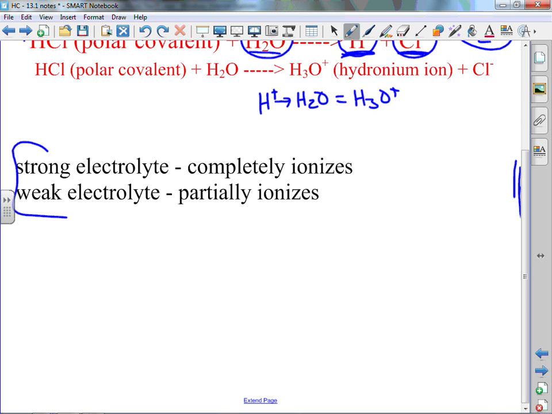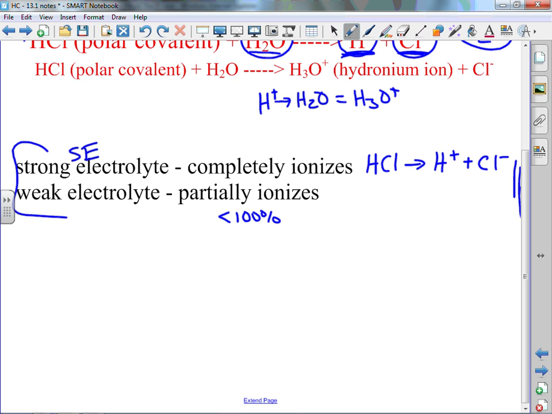If we see the term strong electrolyte, so HCl is a strong electrolyte, that means all of the potential ions in that chemical will dissociate, will ionize. A weak electrolyte only partially ionizes, which means less than 100% will actually change. That's all we're trying to figure out from this. You don't have to know yet what's strong and what's weak, but you do need to know what it means.